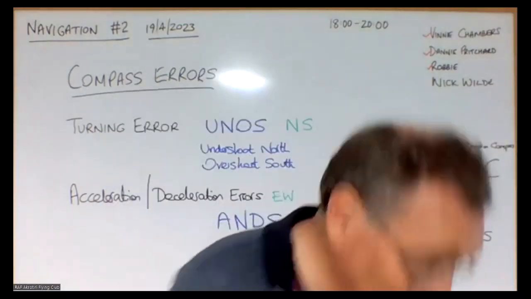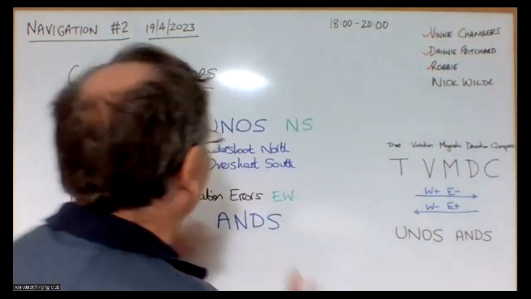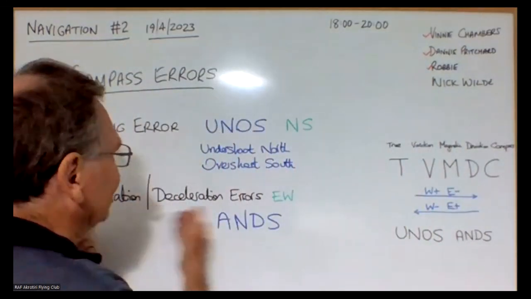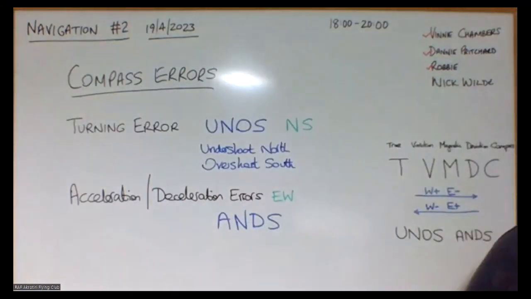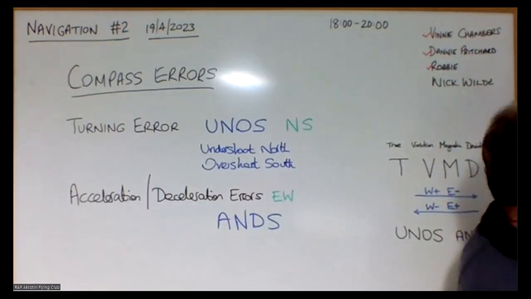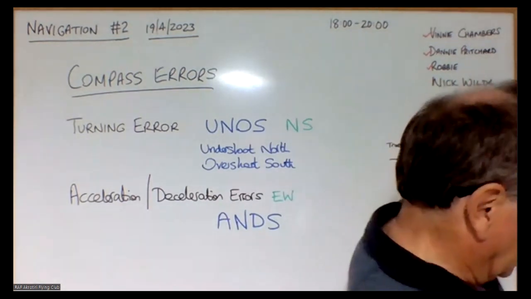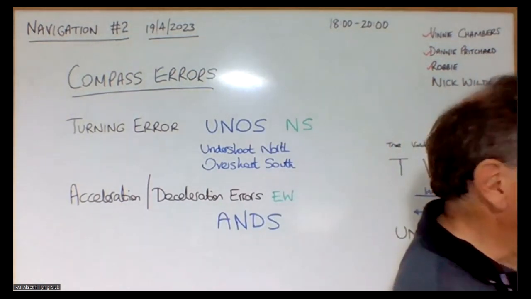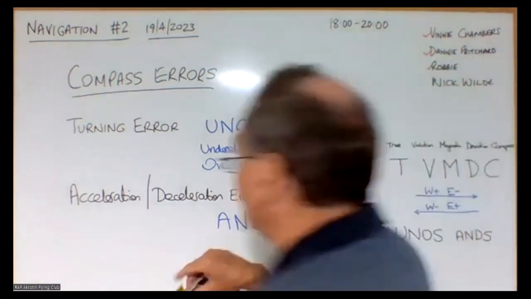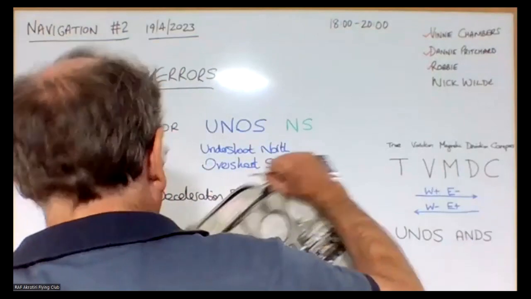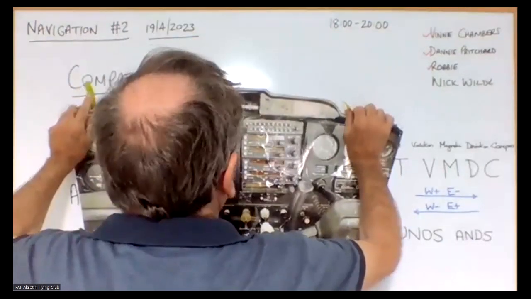And the compass would actually have these turning errors and acceleration and deceleration errors that I've been talking about. So why do we not see these on an aeroplane?